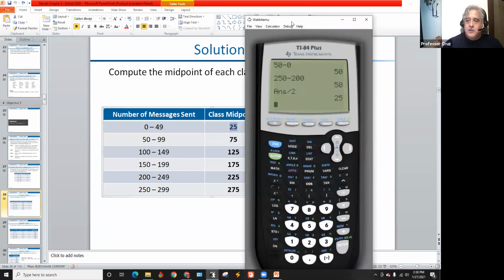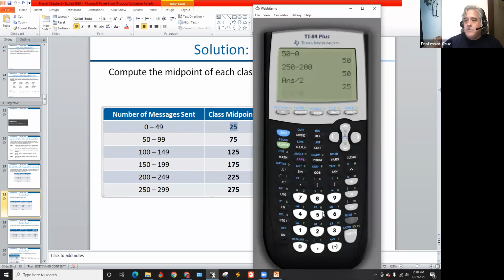In other words, 25 plus 50 is the second one. 75 plus 50 gives you the next one. And then just keep adding 50, plus 50, plus 50. See that? And that's how they get all those midpoints.